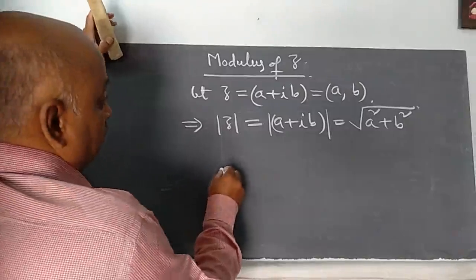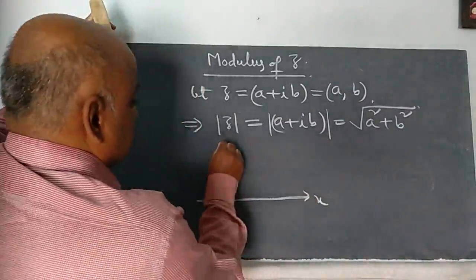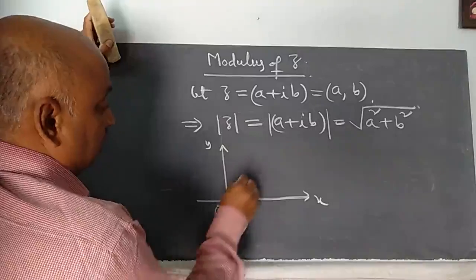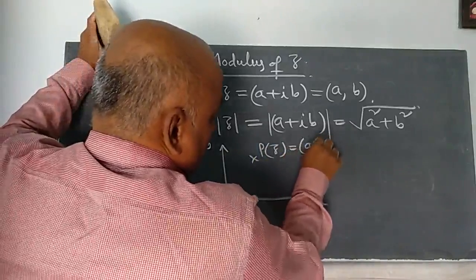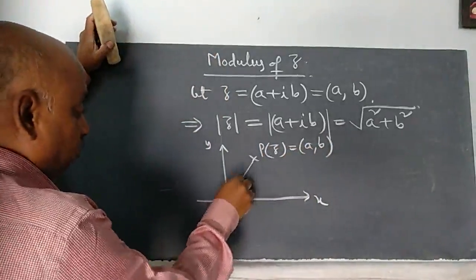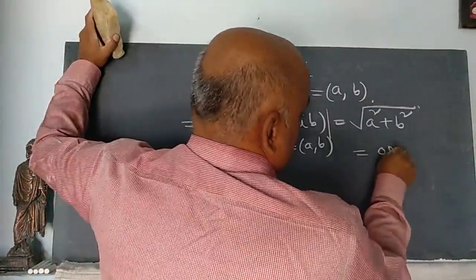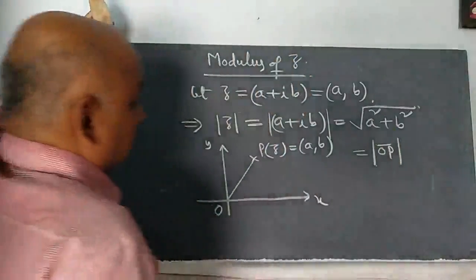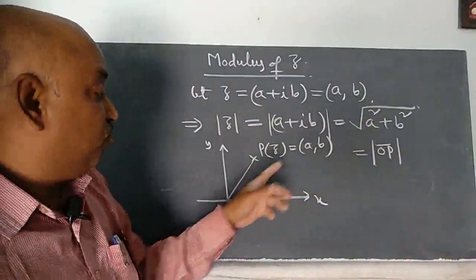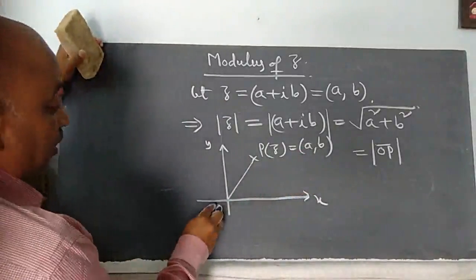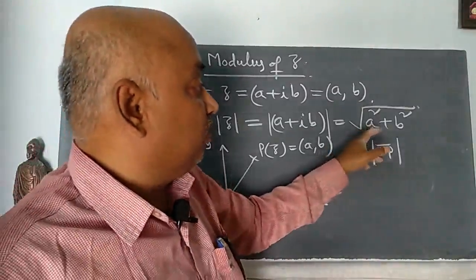So geometrically, x-axis, y-axis, origin, P of z, which is equal to a comma b, join O and P. So the length OP or distance of P of a comma b from the origin 0 comma 0 is square root of a square plus b square.